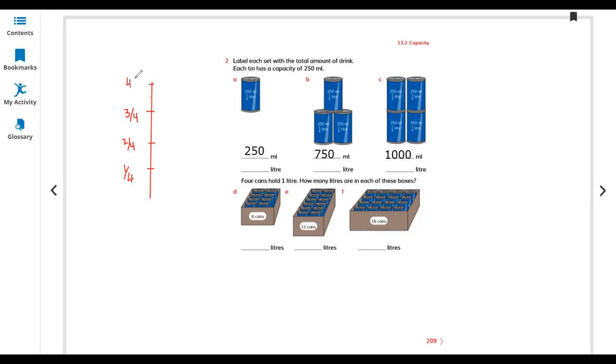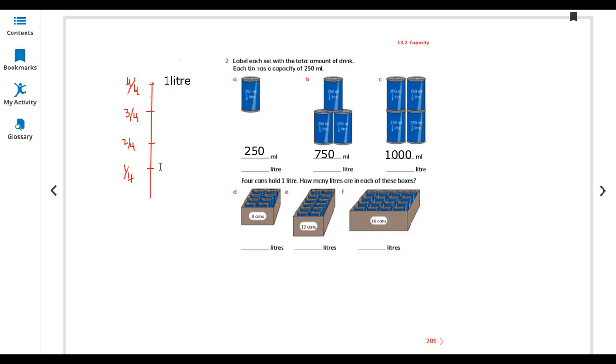This is the last point. Until here it is 1 liter, 1000 milliliters. This point, 4 by 4, equals 1. Okay, now 250.